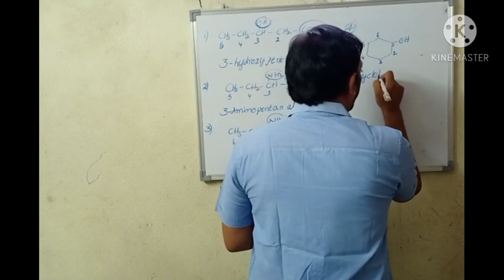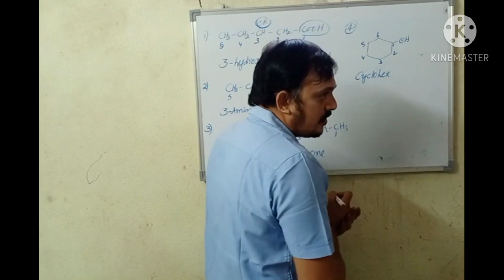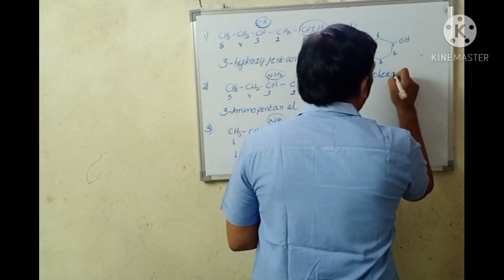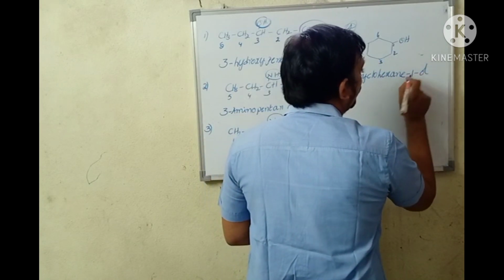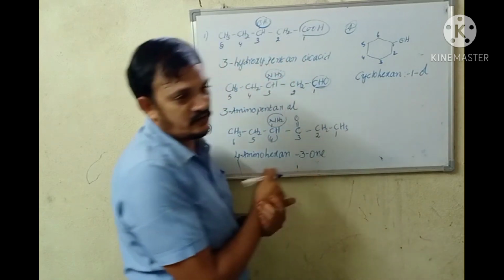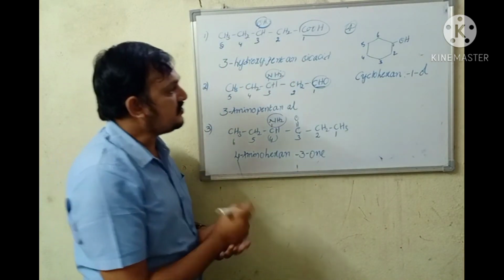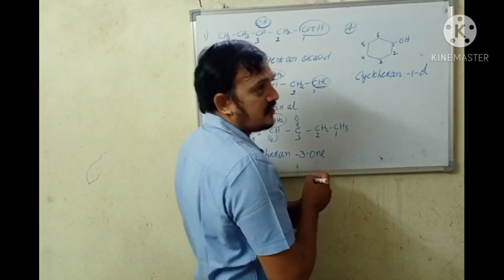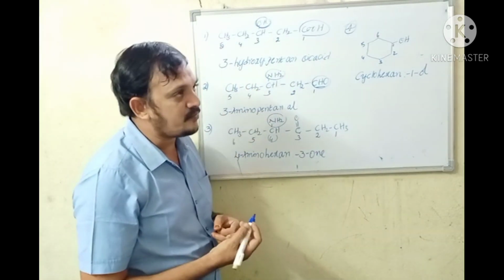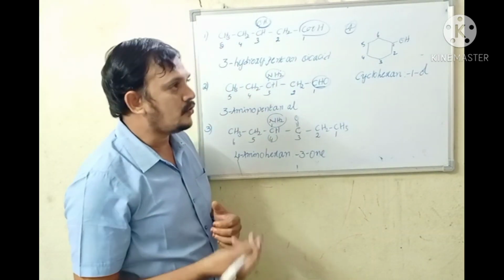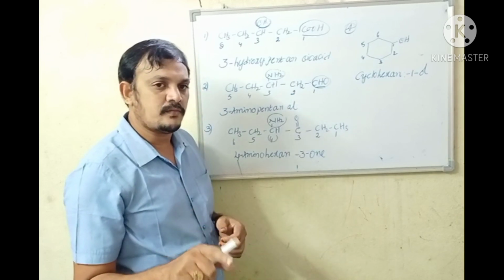Root word, 6 carbon atoms are there, hex. Primary suffix, saturated, and at the first carbon atom an alcohol group is there, so cyclohexanol. Like that you have to name these organic compounds. In your textbooks you have examples. Once you go through them, it will be clear.